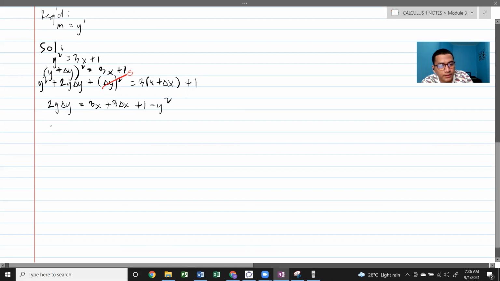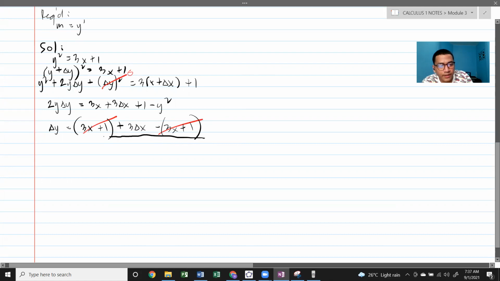So we have delta y would be, let's first rearrange this expression's terms: 3x plus 1 plus 3 delta x. So our y squared is equal to 3x plus 1, so that these two expressions here will be cancelled out.